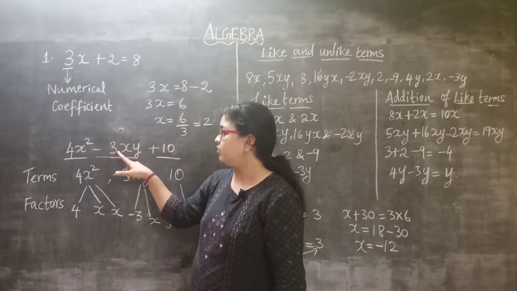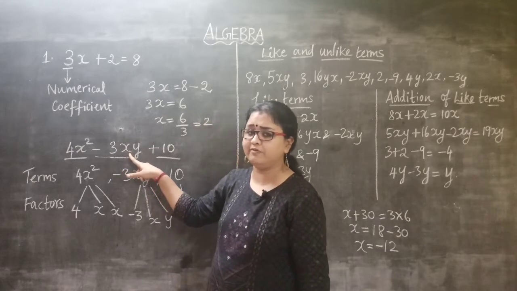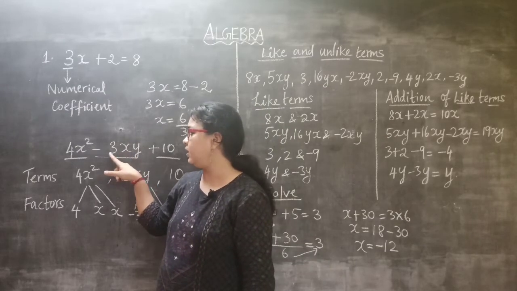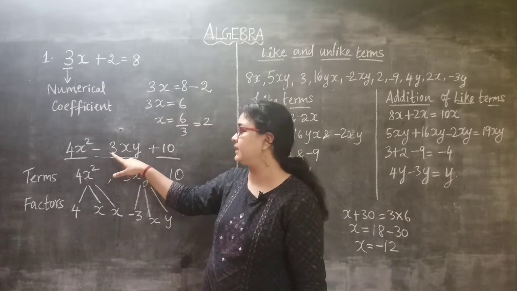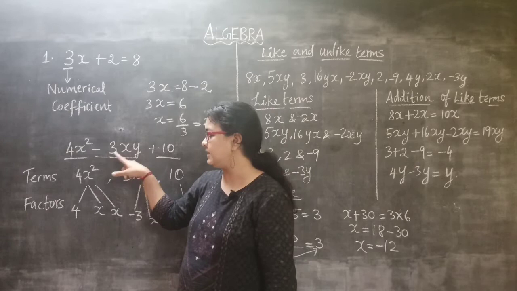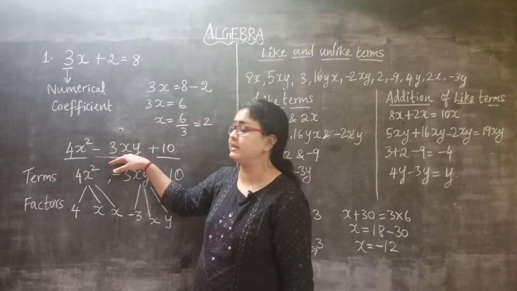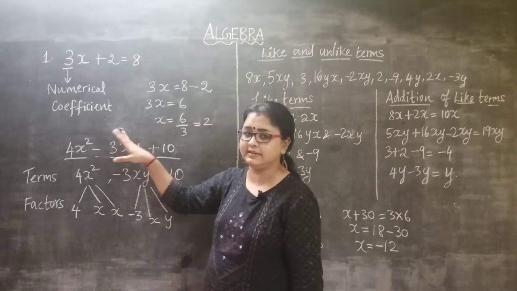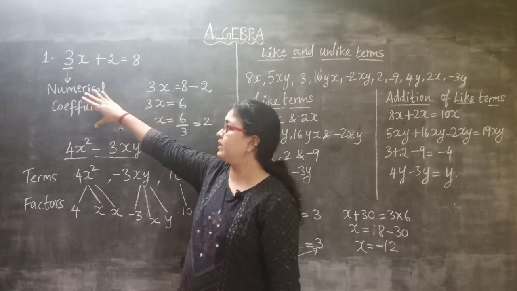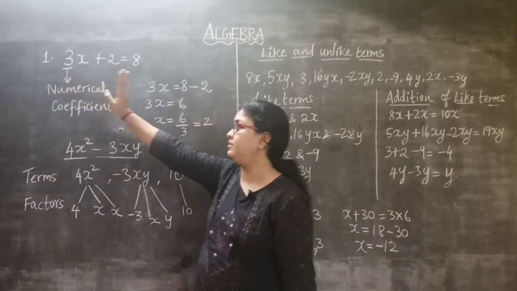So when they ask the coefficient of x, I'll say it along with the symbol, minus 3 and y. But when it is asked only numerical coefficient, you will tell along with the symbol, that is minus 3. Now here the numerical coefficient of x is 3, positive 3.